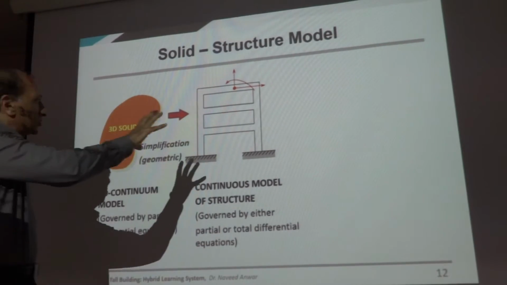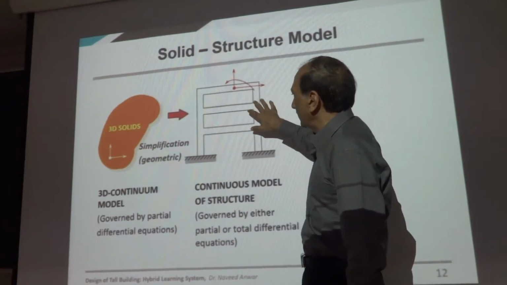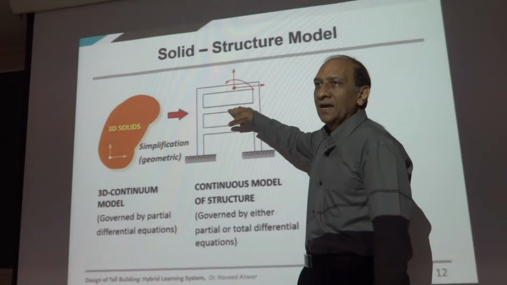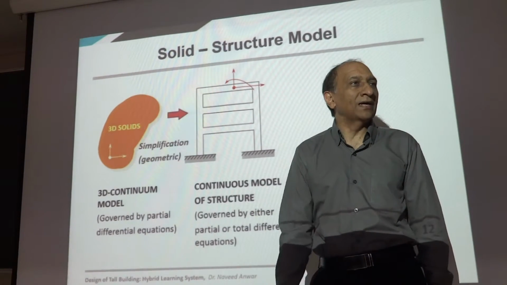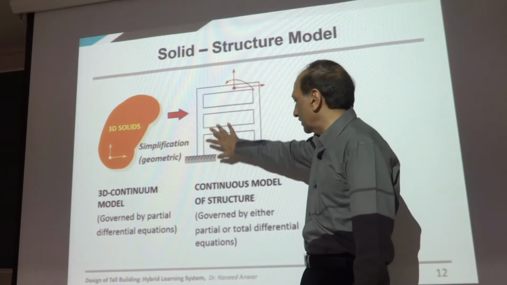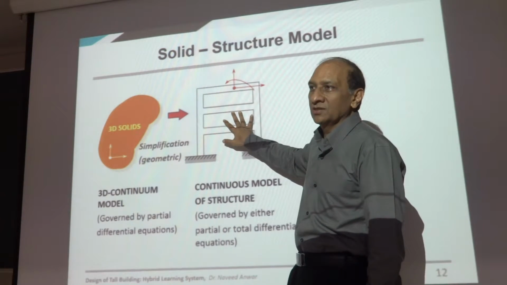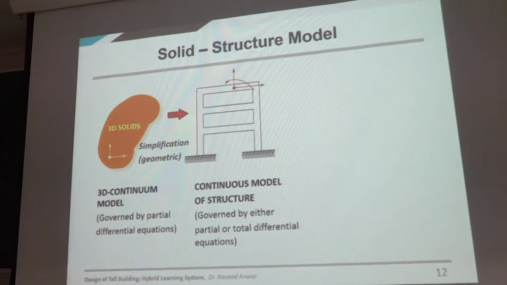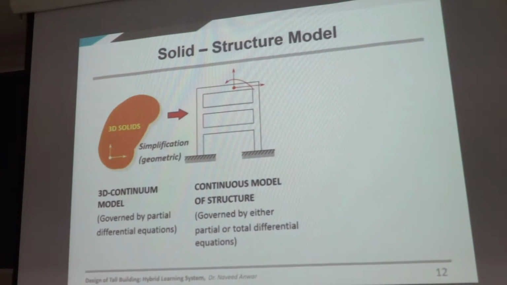And the structure that we look at, we simplified already, because this may have walls and windows and door frames and other things which are not here. So already we removed many parts of the structure to make it a continuum model, which is still not a really complete structure, right? And this is still governed by partial differential or total equilibrium equations.